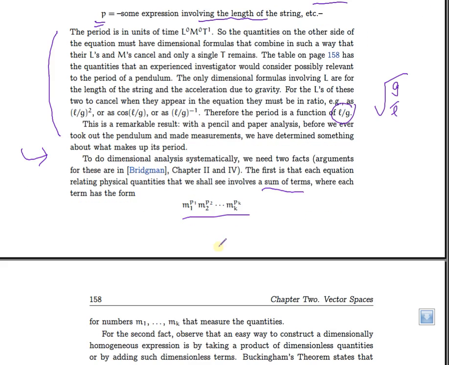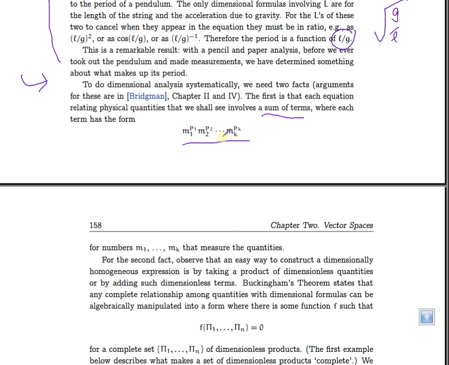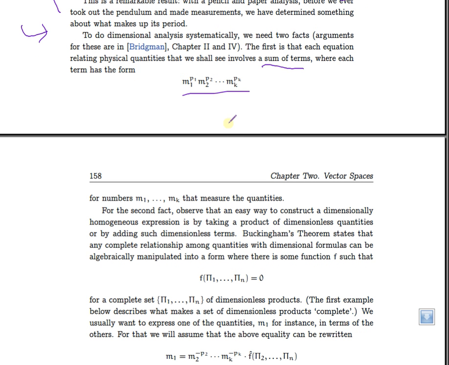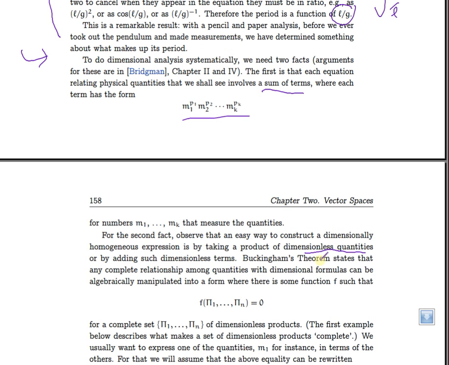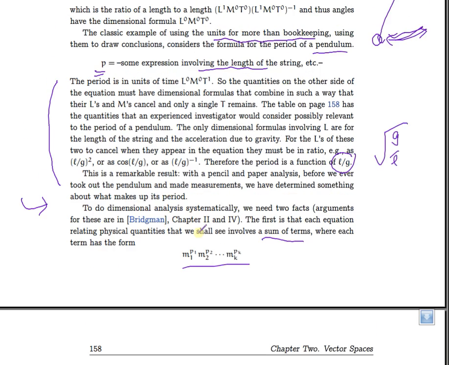Each one of these physical quantities is going to have a dimensional formula. And in fact, from these physical quantities, I can arrange dimensionless quantities that have all powers 0, as this one did. L to the 0, M to the 0, T to the 0. So that's a dimensionless quantity.